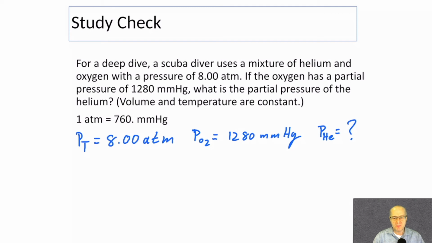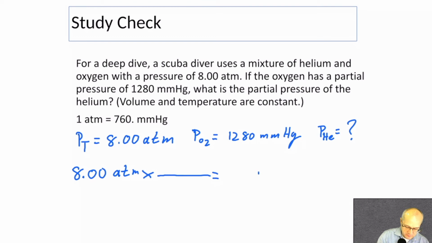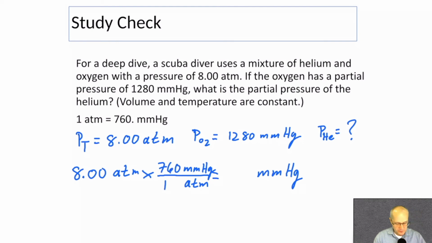I'm going to go with converting atmospheres to millimeters, just because I find it a little bit easier. 8.0 atmospheres multiplied by something to give us millimeters of Hg. Atmospheres on the bottom, millimeters on top. 1 atmosphere is 760 millimeters. How about your calculator? 8 multiplied by 760 equals 6,080 millimeters of mercury.